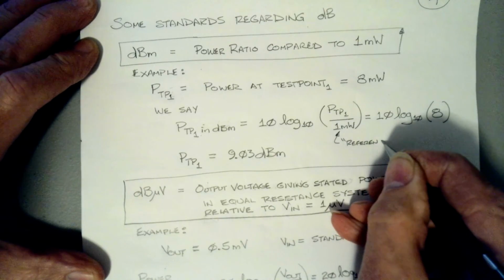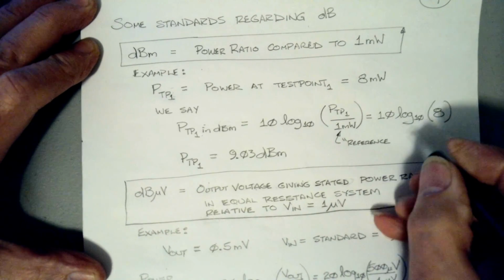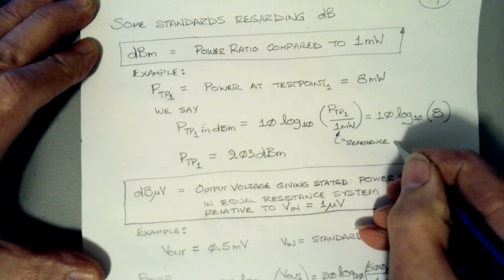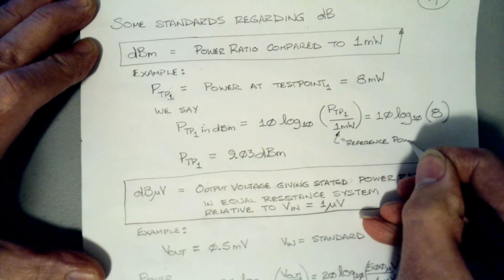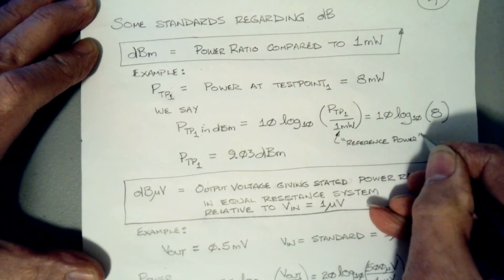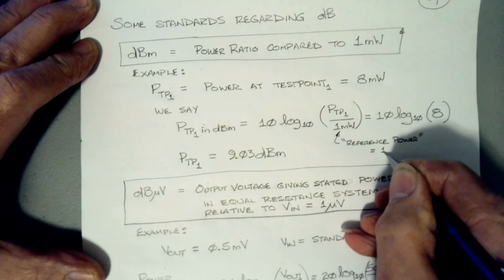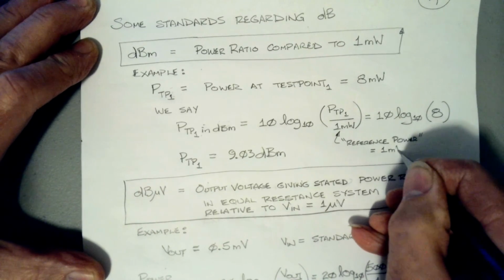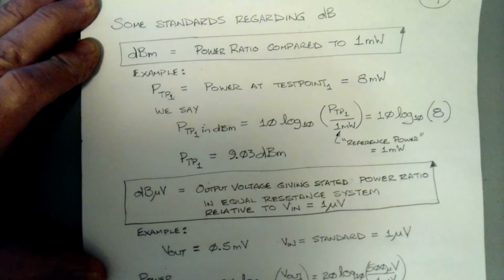We're just comparing everything to 1 milliwatt when we talk about dBm. And of course the reference power is equal to 1 milliwatt.